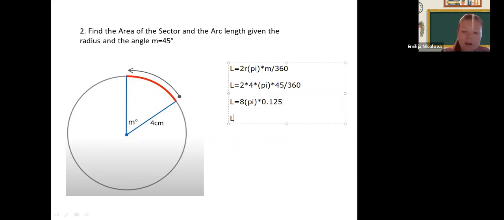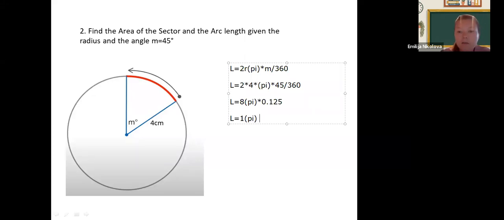So in the end, we get that the length of the arc will be 0.125 times 8, that's just 1 pi.